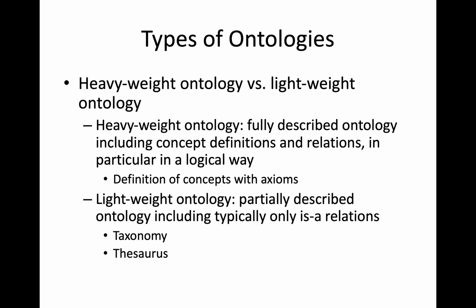We can also differentiate ontology as heavyweight ontology versus lightweight ontology. Heavyweight ontology is a fully described ontology, or a big ontology including concepts, definitions, and relations, particularly in a logical way.